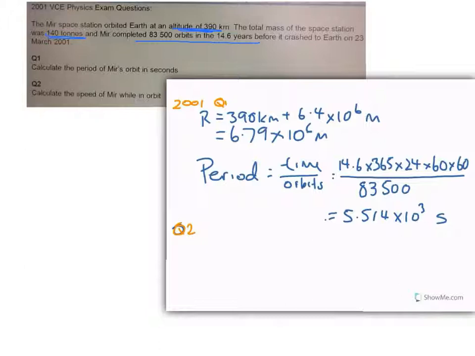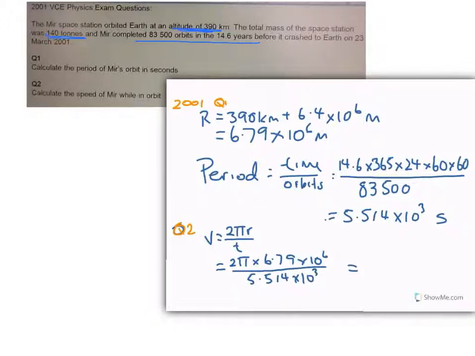The speed or the velocity v is equal to 2 pi r, which is the distance of one orbit, divided by T, which will be equal to 2 pi times, we've already worked out the radius at the top there, 6.79 by 10 to the 6 metres, and we need to divide that by the period, which we got, 5.514 by 10 to the 3.